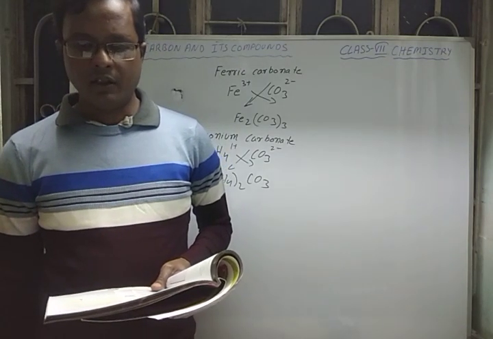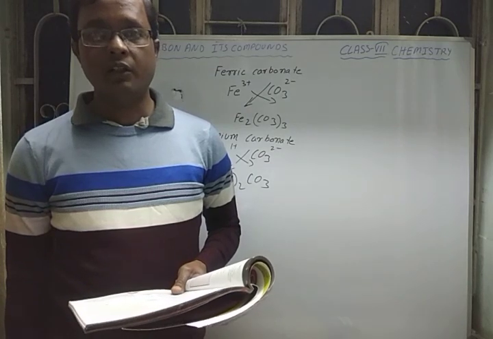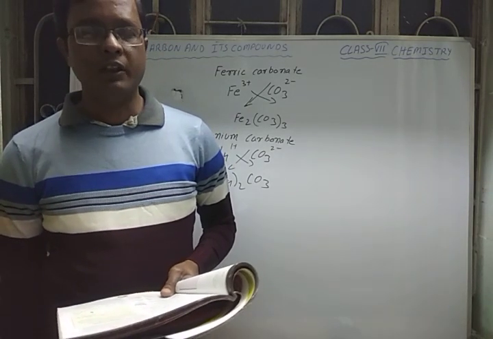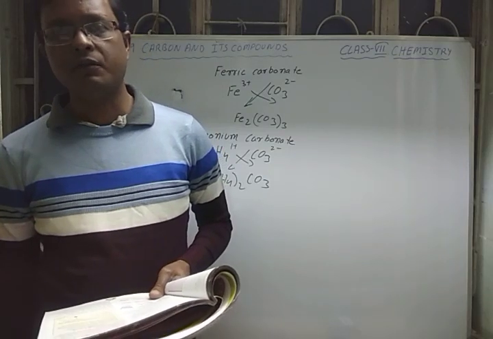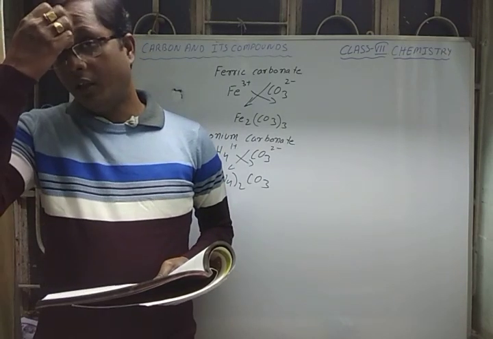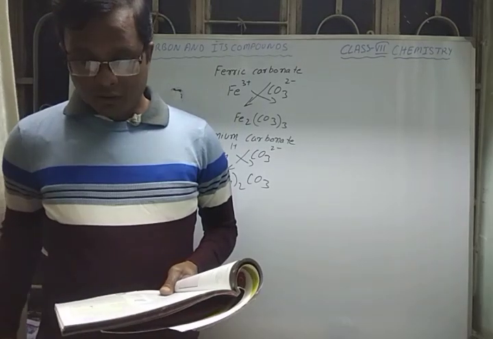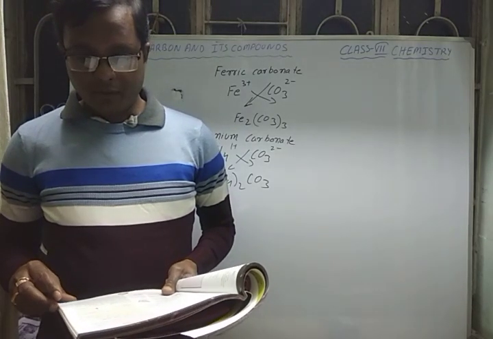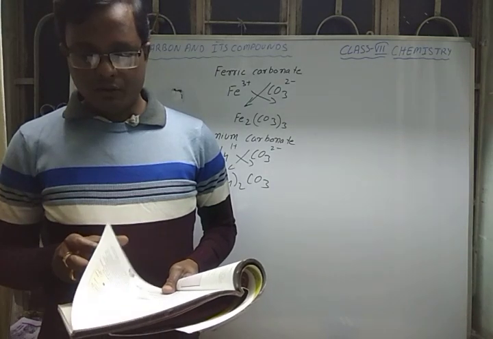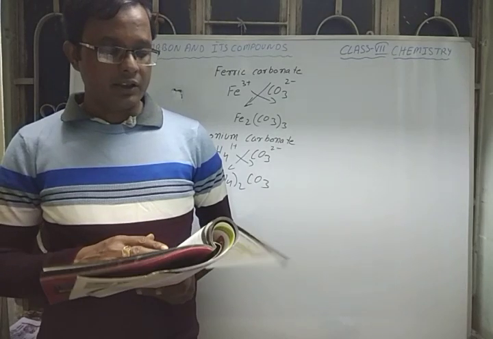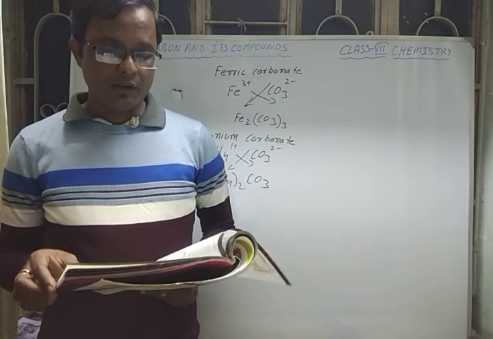When we do the electronic configuration from the atomic number of any element, we can also find the group and period of the corresponding element. These are the important things we have to remember in this chapter. So I hope we have completed the revision of this chapter.